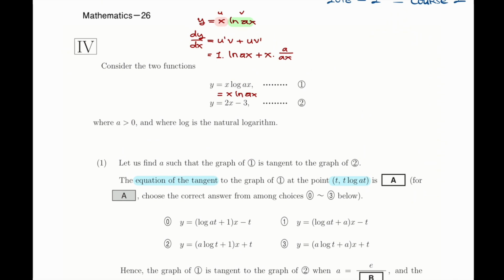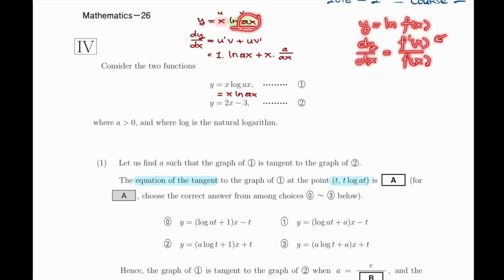You have to remember the formula for the derivative of ln ax. Basically, if we have y equals ln f of x, then the derivative is f prime x over f of x. So the derivative of ln ax is the derivative of f of x, which is a, over f of x.